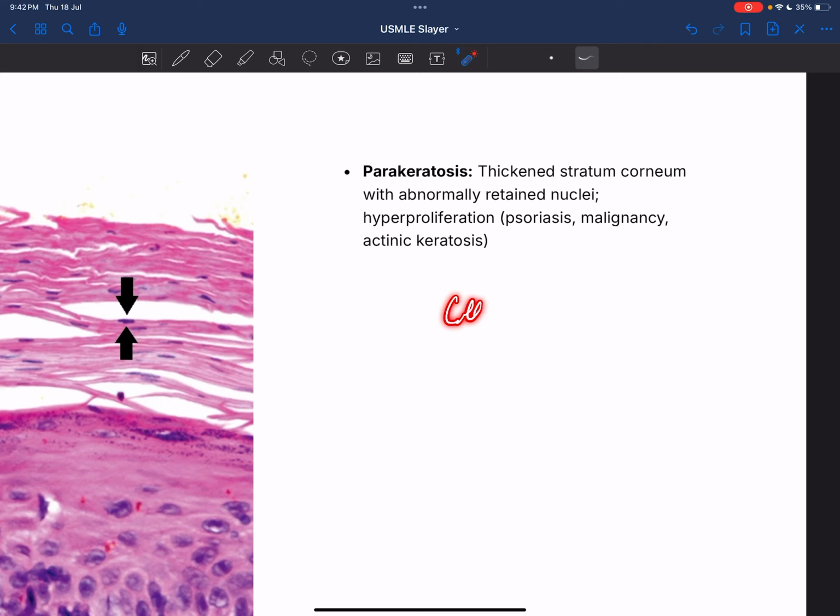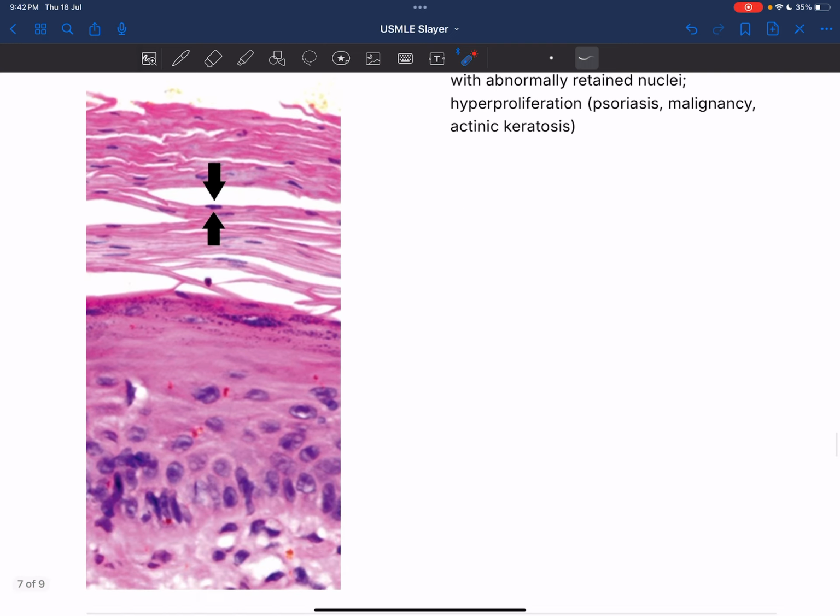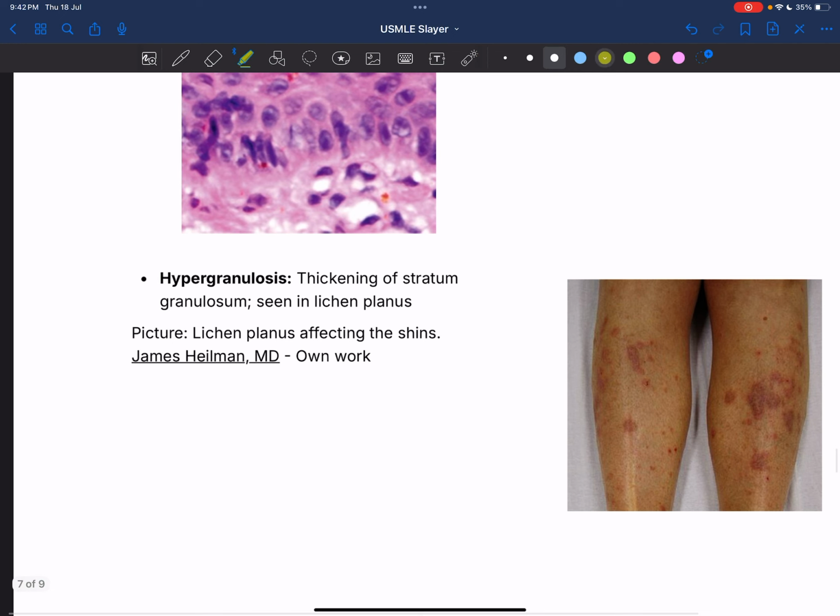So right now we're on the G, which is granulosum. In the granulosum, we have hypergranulosis, right here. Hypergranulosis is basically in the stratum granulosum, and this is very high yield, seen in lichen planus. You might wonder what lichen planus is, and that is absolutely fine.